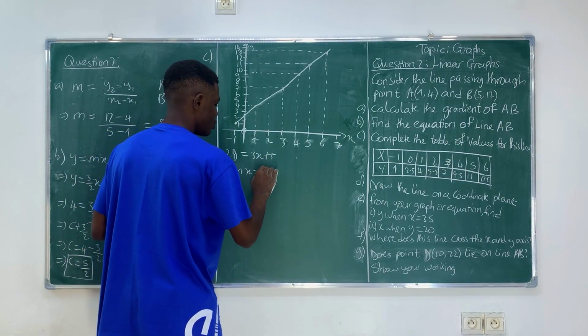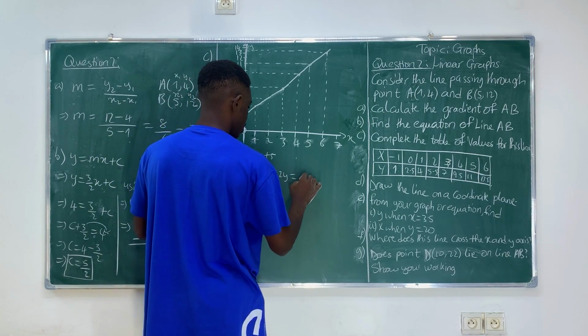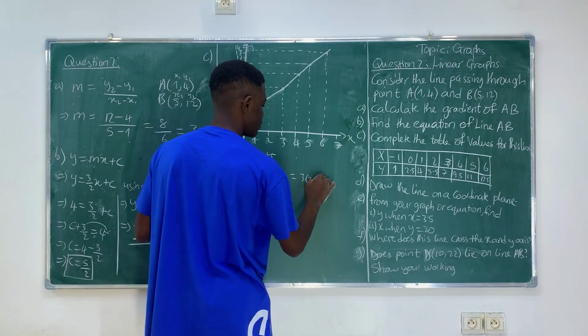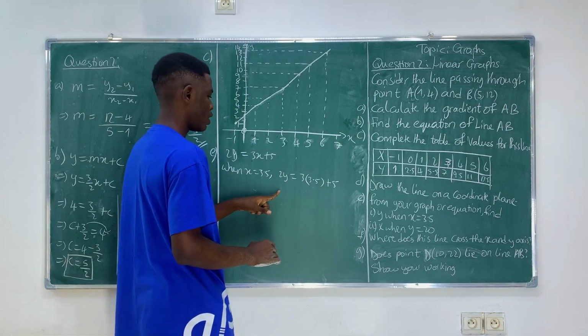When x equals 3.5, I have 2y is equal to 3 times 3.5. I just replace my x by 3.5 and I make y the subject of the formula.